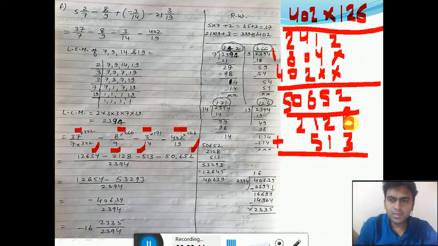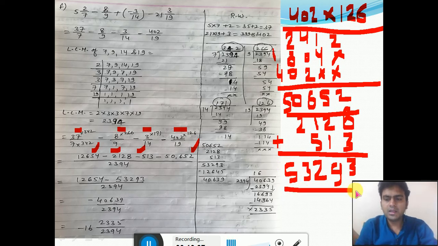So 2 plus 8 equals 10 plus 3 is 13, carry over 1. 1 plus 5 is 6 plus 2 is 8, 8 plus 1 is 9, and 6 plus 1 is 7, and 7 plus 5 is 12, carry over 1. Now 1 and 2, 3 and 5 as it is. So 53,293. So we have written here, and the sign is minus.